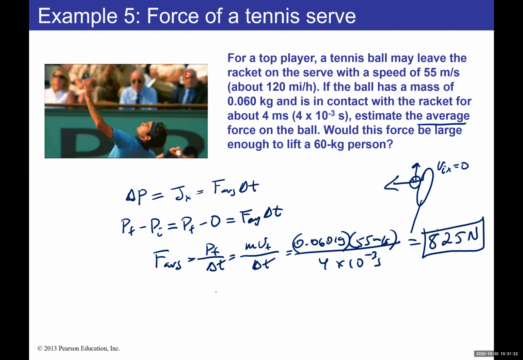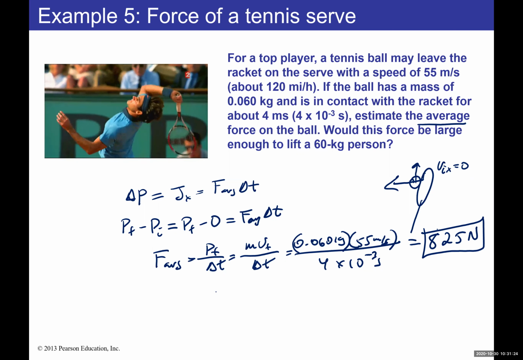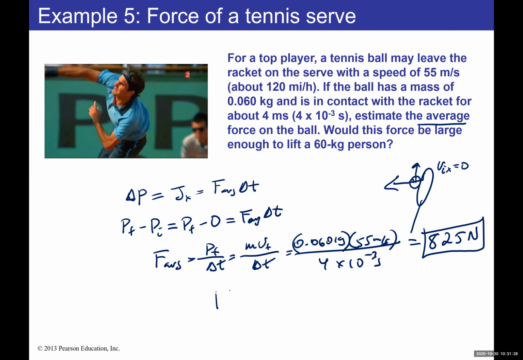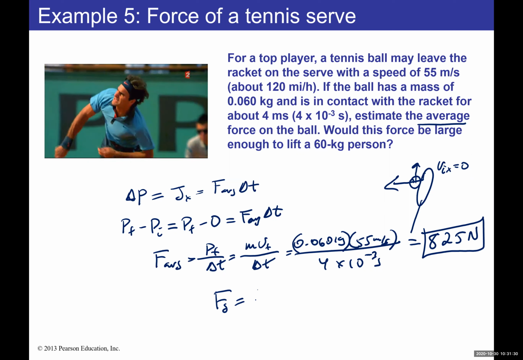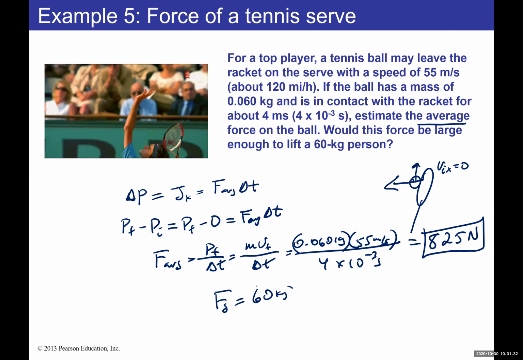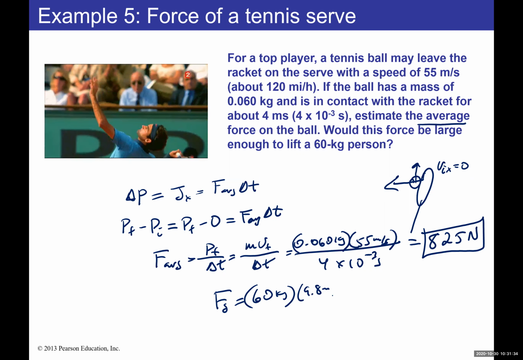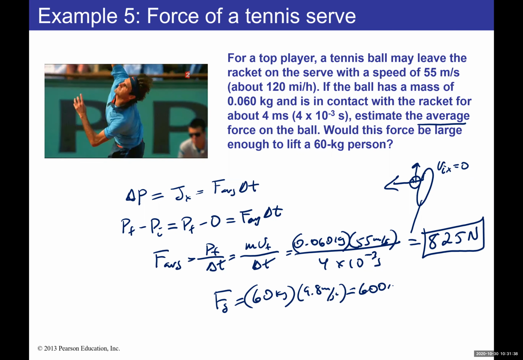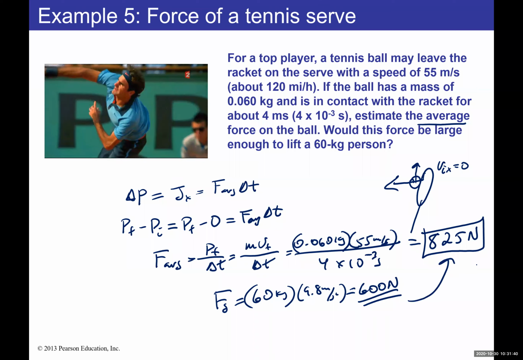All right. So now, would this be large enough to lift a 60 kilogram person? Well, I don't know. Let's see. The gravitational force, the weight of the 60 kilogram person, is 60 kilograms times 9.8 meters per second squared, which is roughly 600 newtons. So this is more than enough.